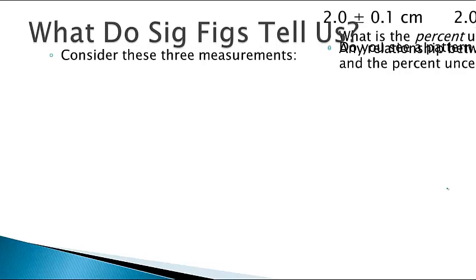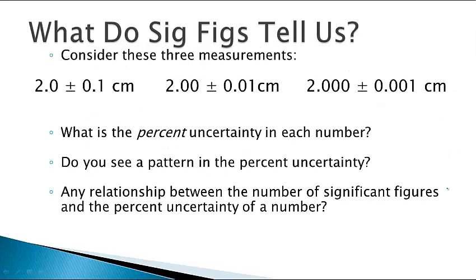If you consider the same measurement, 2.0 centimeters plus or minus 0.1, or 2.00 plus or minus 0.01, or 2.000 plus or minus 0.001. If you consider how big the uncertainty is relative to the number itself, what we call the percent uncertainty, what's going to happen?